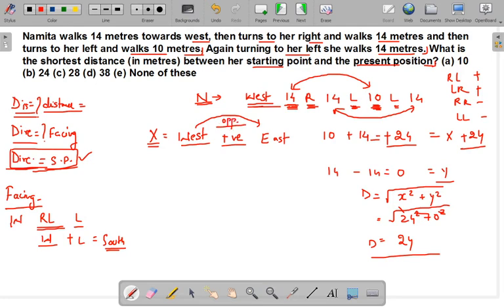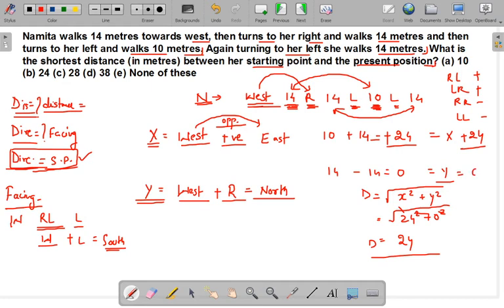Now let us come to y. The original direction of y will be west plus the first turn. Always remember, the original direction of y will be west plus the first turn. The first turn is right. West plus right is north. But pay attention to the value of y.